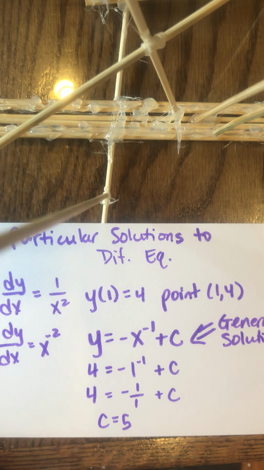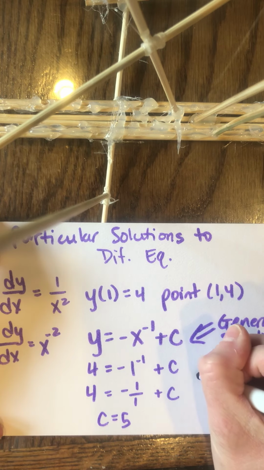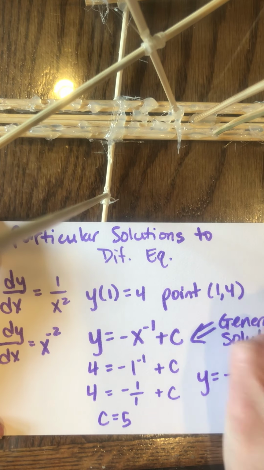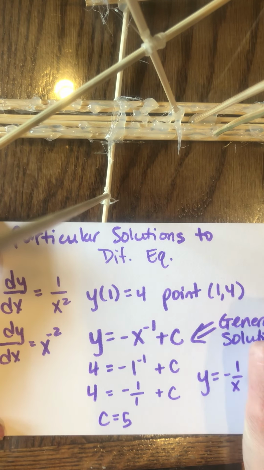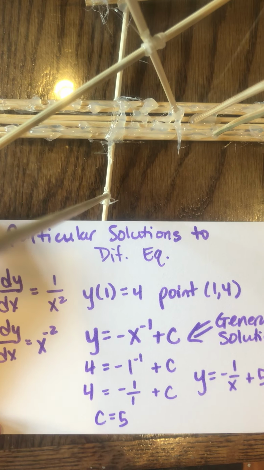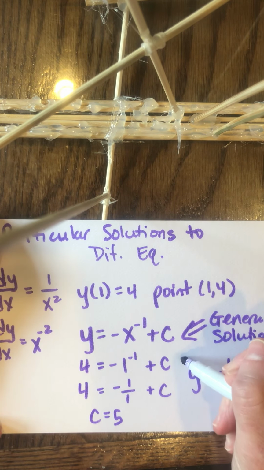So now I have taken that initial condition and what I know about antiderivatives to find a general solution, and I'm putting those two pieces of the puzzle together to find a very specific antiderivative. The antiderivative that we were looking for is y equals negative 1 over x plus our constant 5.